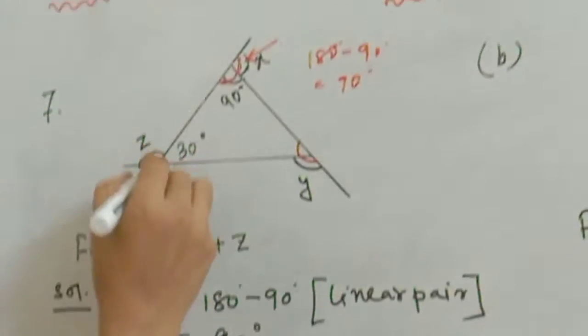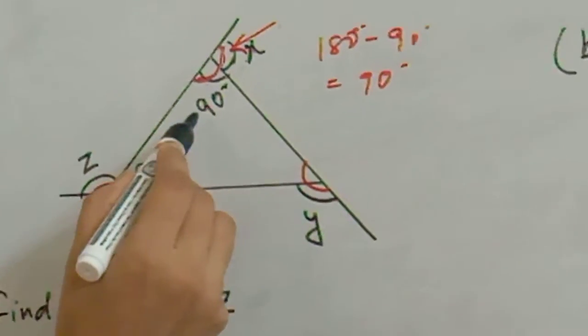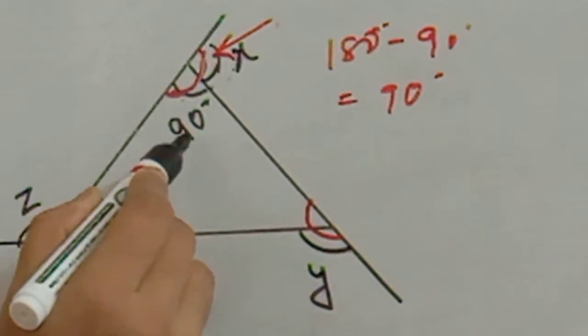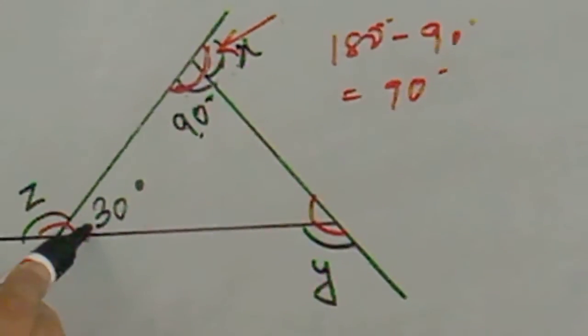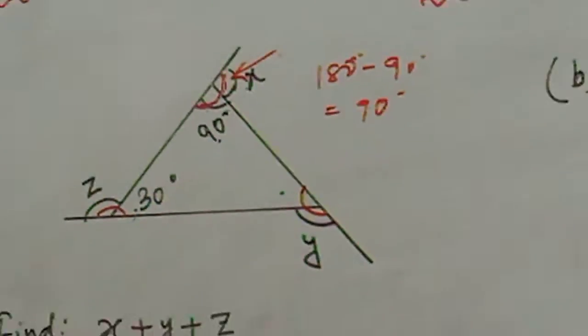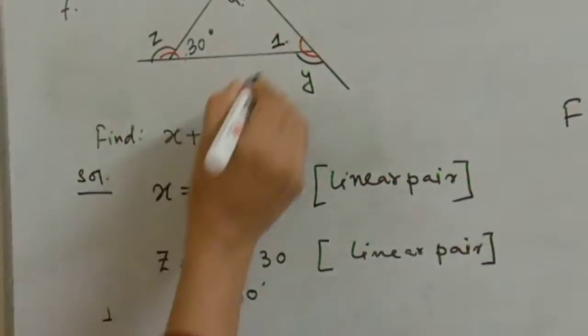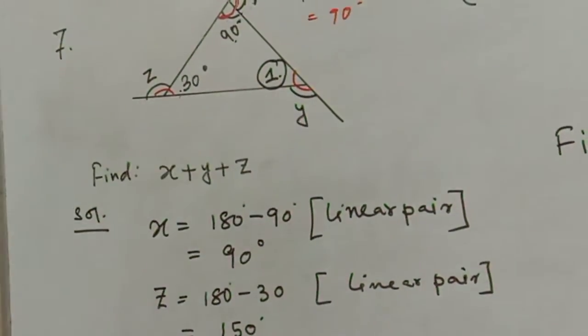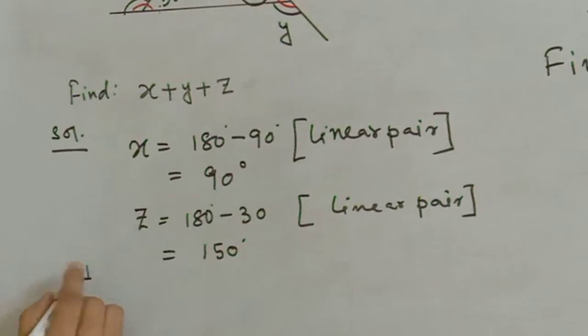Now in the triangle, one angle is 90 degree, another is 30 degree. Then can you find this angle? Say name this angle as angle 1.